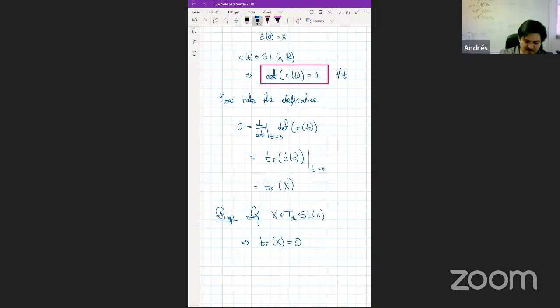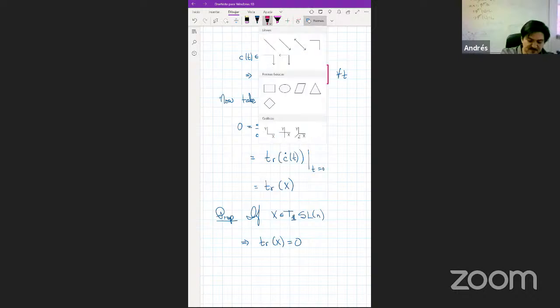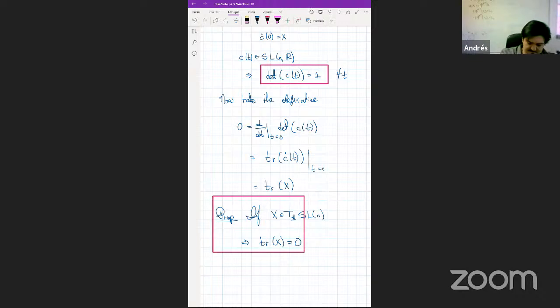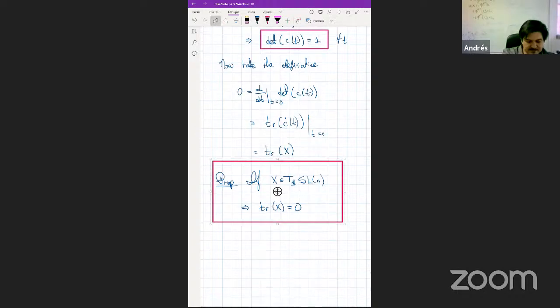So for any vector, I get that the trace must be 0. Okay?